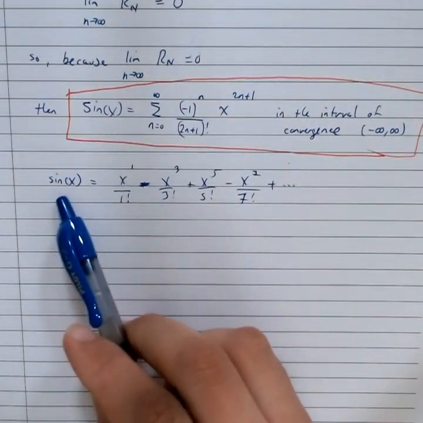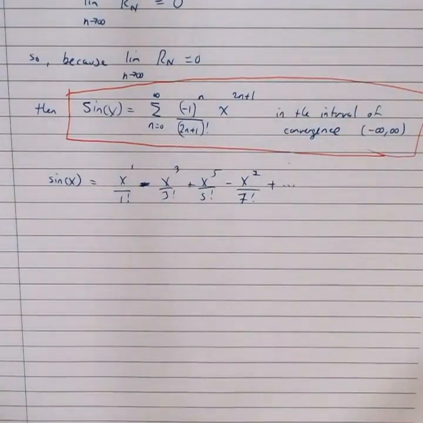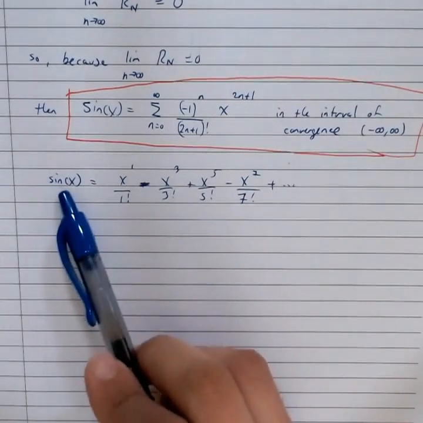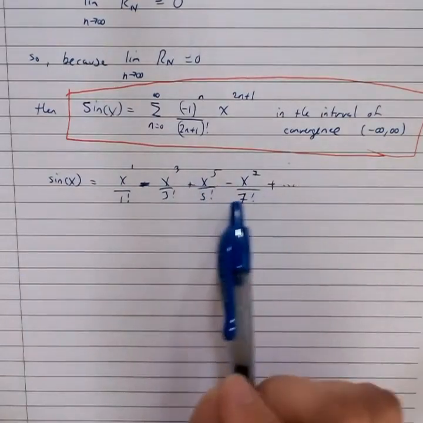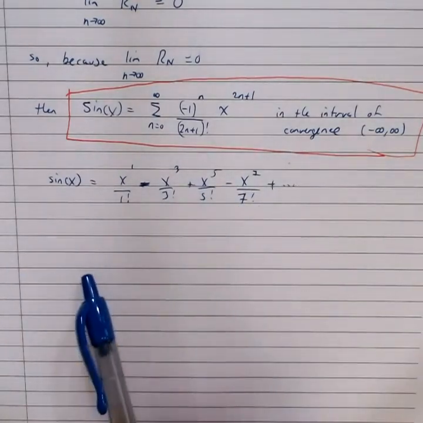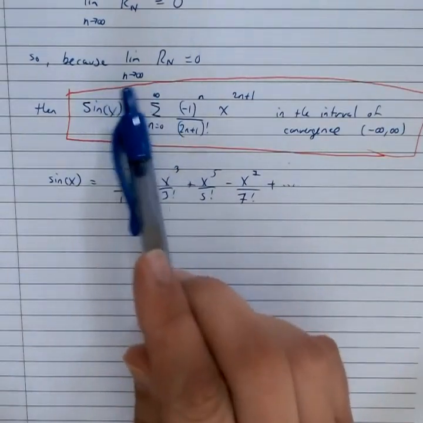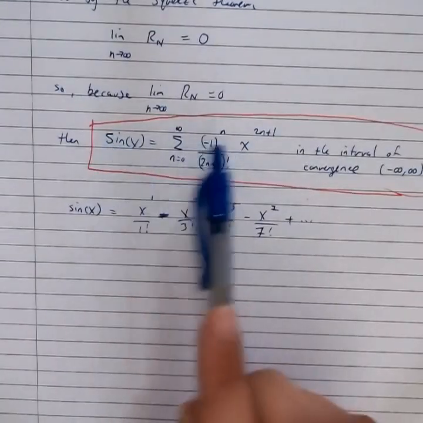In a bit of an unexpected turn, it turns out that the sine of x is a polynomial. Okay, it happens to be an infinitely long polynomial, but it is a polynomial. After all, that's what that theorem says. It says that as long as this goes to 0, which it did, these two are equal to each other.